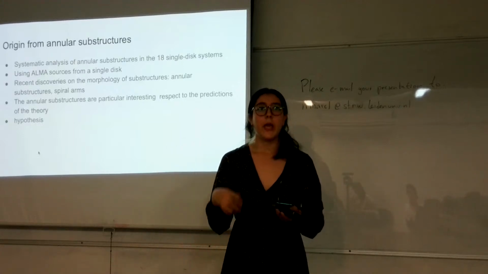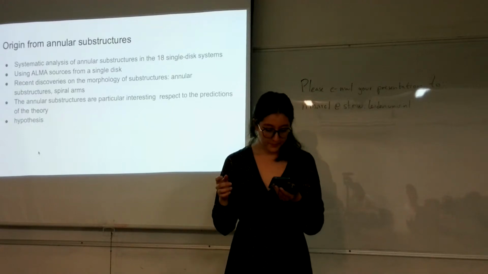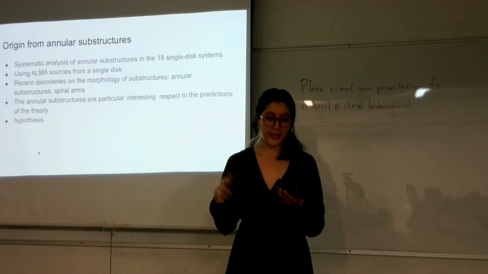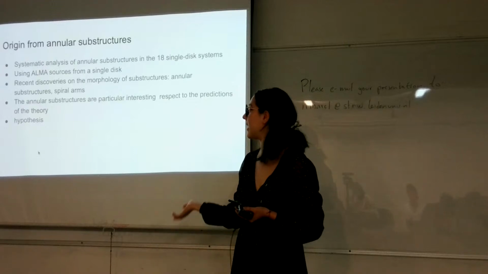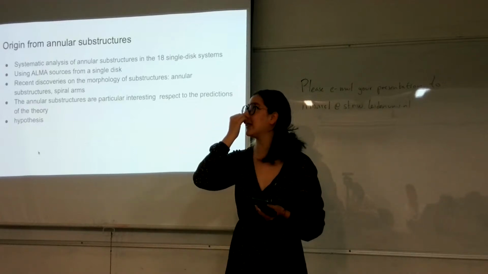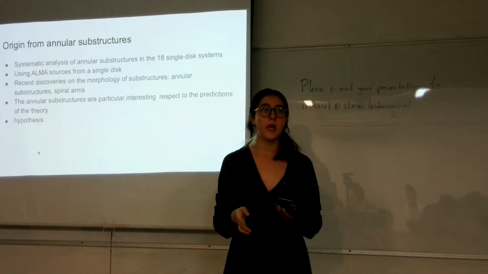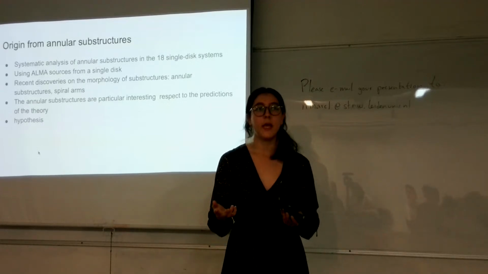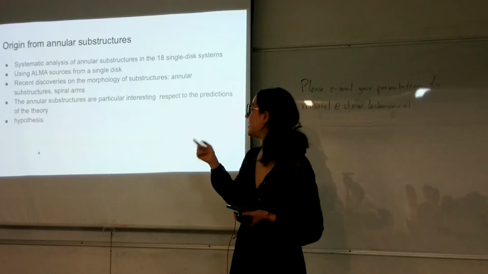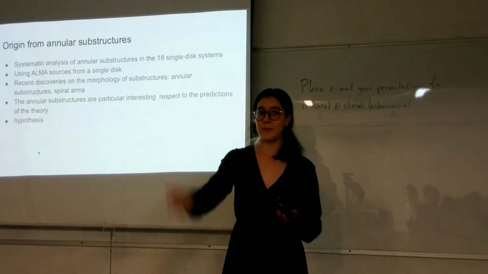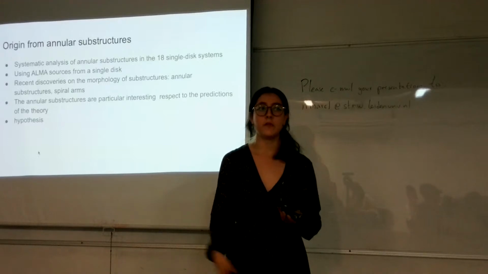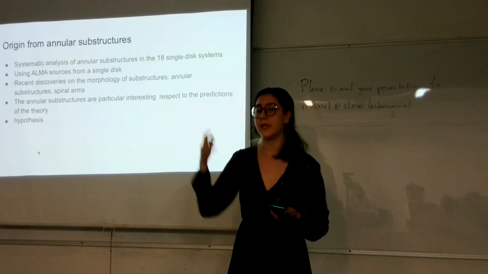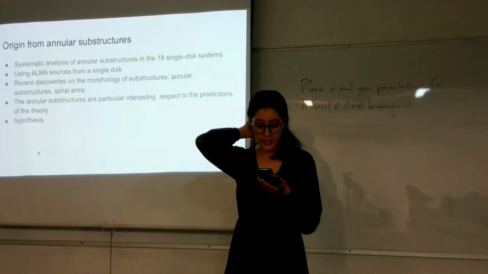But the researchers think that there is a lot of diversity in these characteristics of the exoplanets, and that diversity could be explained by their formation in the substructure.